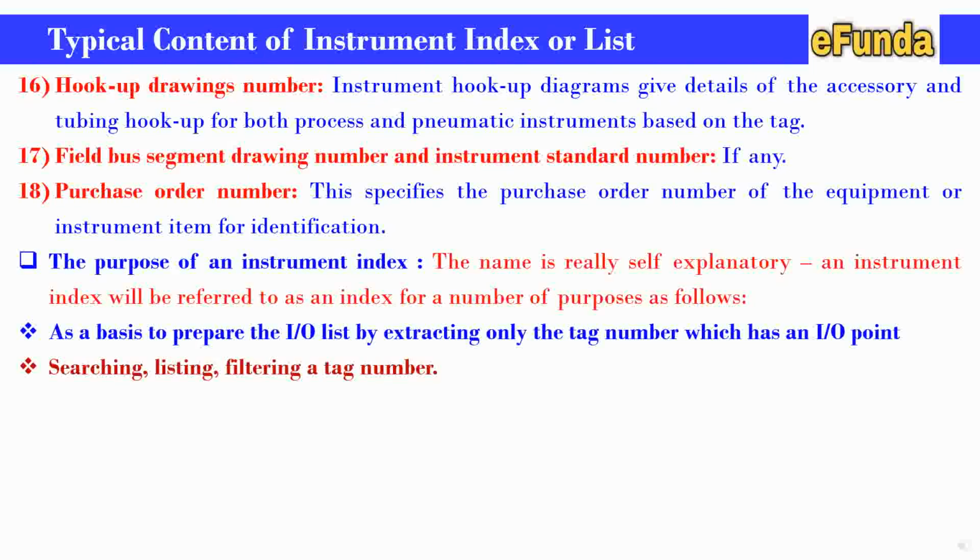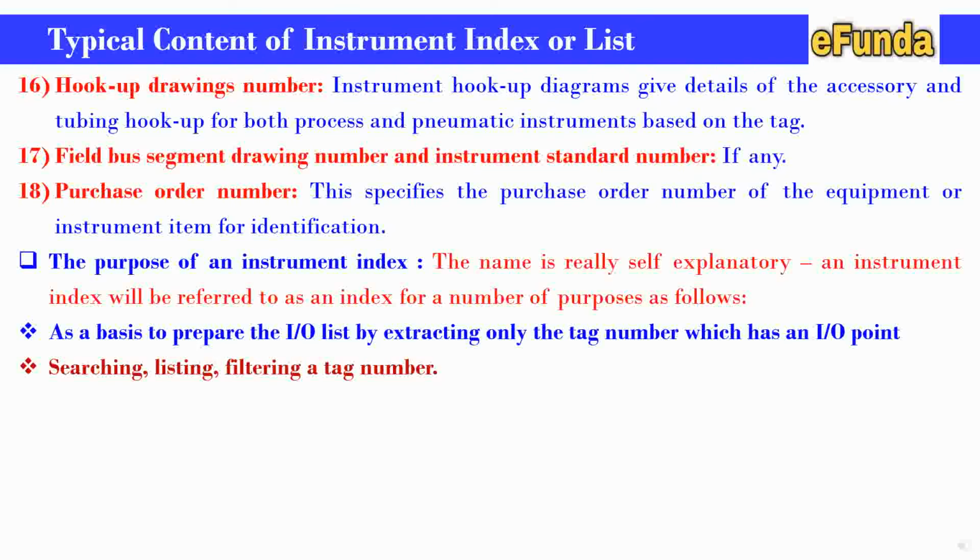The purpose of an instrument index, the name is really self-explanatory. An instrument index will be referred to as an index for a number of purposes as follows. As a basis to prepare the IO list by extracting only the tag numbers which have an IO point. Searching, listing, filtering a tag number.